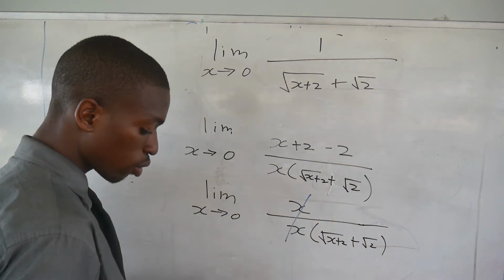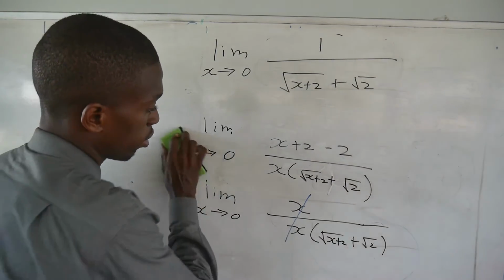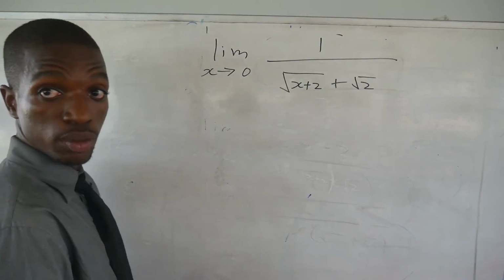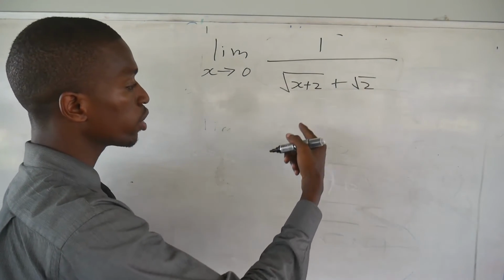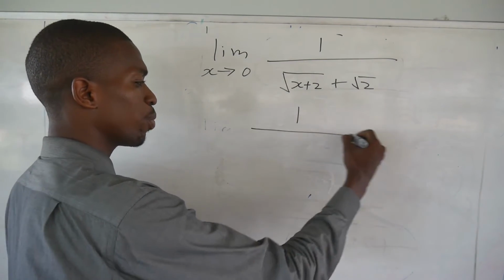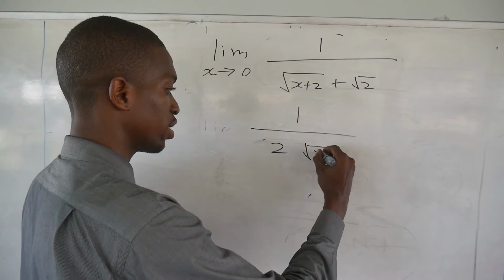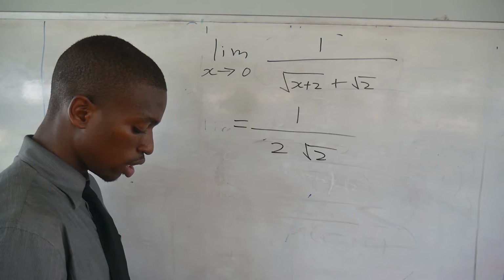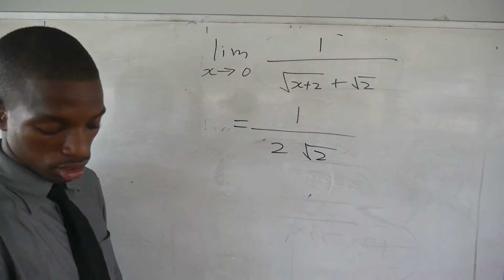You plug in 0 there, and what you will have left is 1 divided by root 2 plus root 2, which is 2 root 2. I hope you're going to tutorials, so these things are getting simpler for you. So the answer is 1 divided by 2 root 2. That's that.